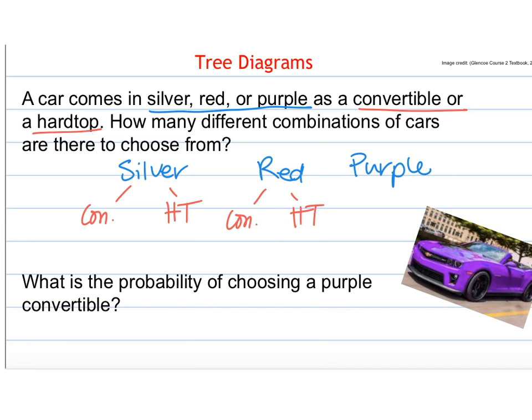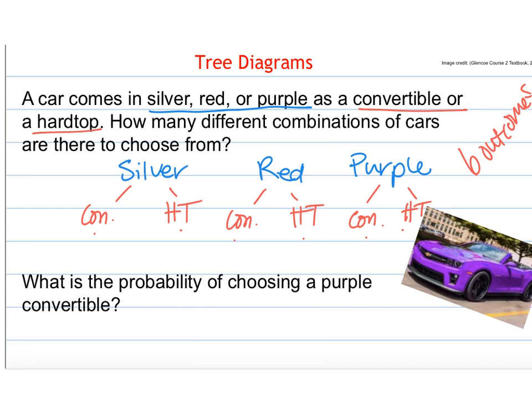If I chose the purple car, I could have picked the convertible or I could have picked a hardtop. So then, figuring out how many total different combinations there are or outcomes, I just count the bottom. 1, 2, 3, 4, 5, 6. 6 outcomes. So there's 6 different cars that I would have been able to get or to choose from.